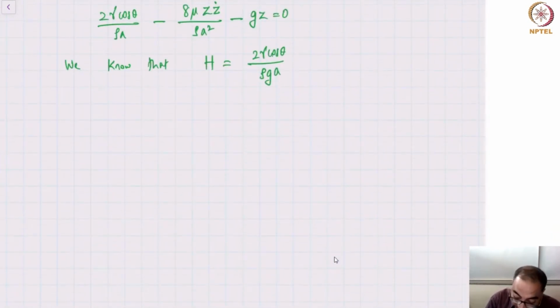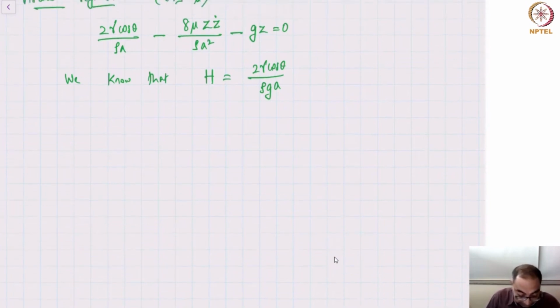Okay. Now let's rewrite this equation. How do we rewrite this equation? We can actually say, now we want to divide the entire equation by g, and if we do that, what do we get?